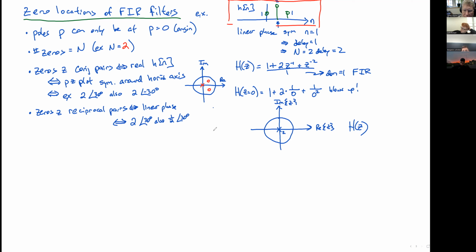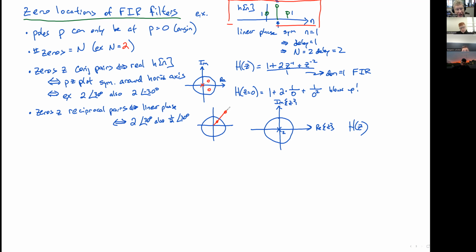So if we've got one here, here's our 1/2 at an angle of 30. It means we also have one out here, both at 30 degrees, but now the magnitude has the reciprocal value.